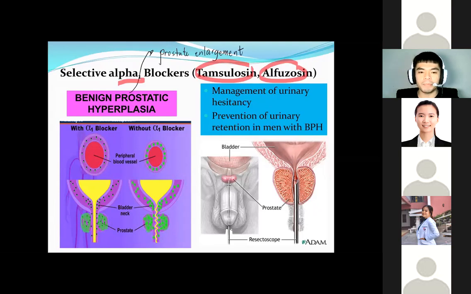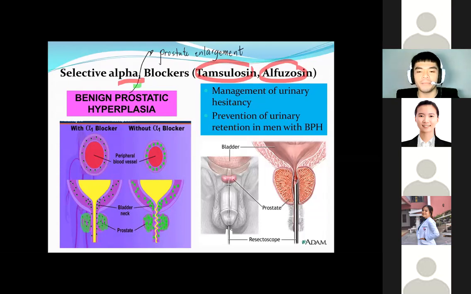Kaya in male patients with BPH or enlarged prostate, the amount of the urine being excreted is so minimal. Kaya we can use alpha-1 blockers because by blocking alpha-1 receptors, the prostate gland or the prostatic smooth muscles tend to relax. And relaxation of the prostate gland facilitates efficient excretion of urine. Okay?